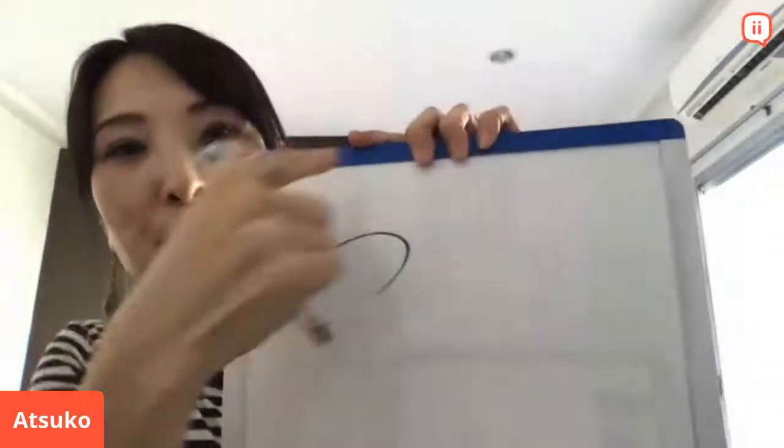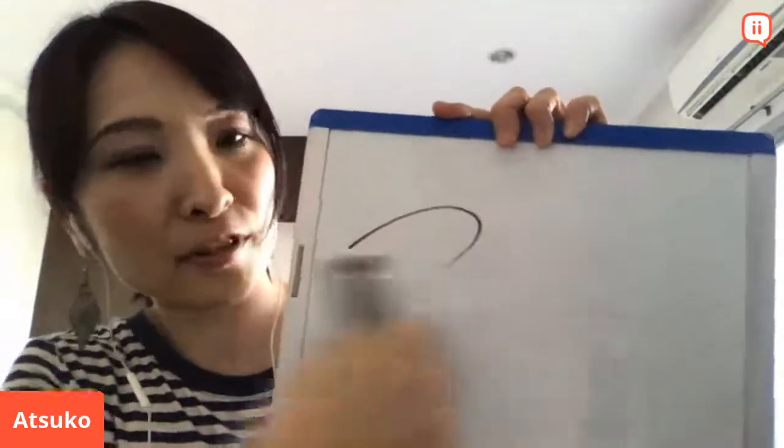Okay, that's the finish of ma, mi, mu, me, mo. The next line is the Y line. The Y line has only three hiragana: ya, yu, yo. Let's start from ya. First stroke, go up, curve, non-stop.